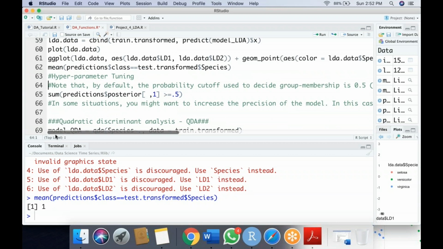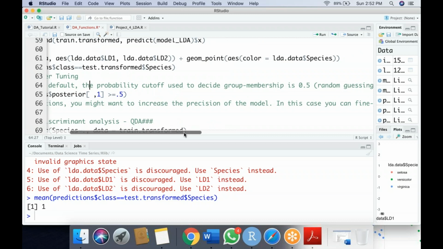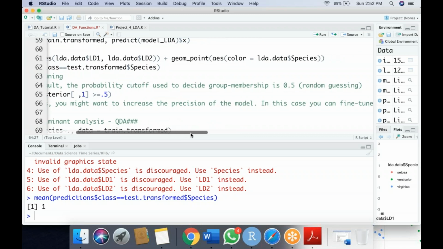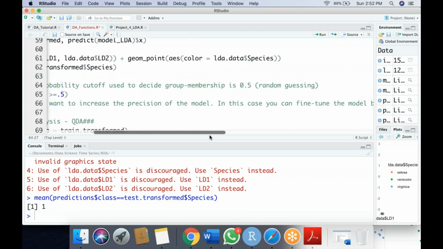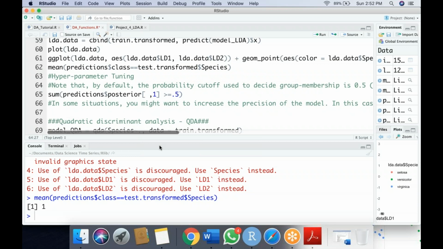Now quickly, for every model we have talked about hyperparameter tuning. Even in this case, the probability cutoff we have taken by random guessing is 0.05, but you can change this posterior probability into various different numbers.